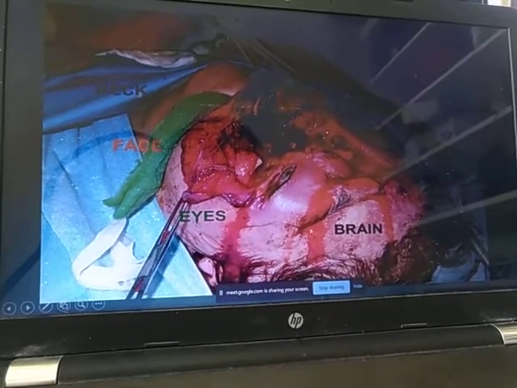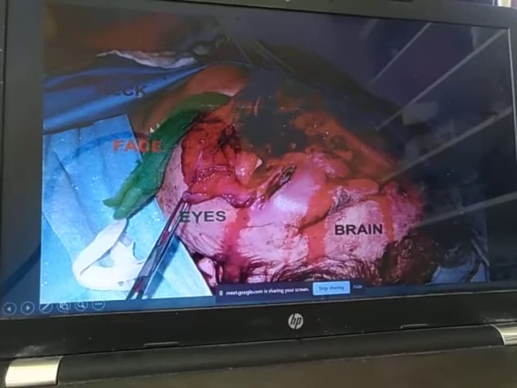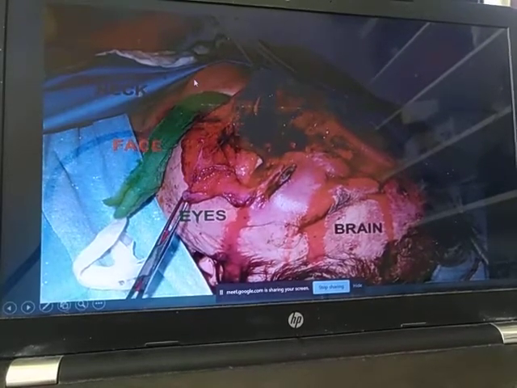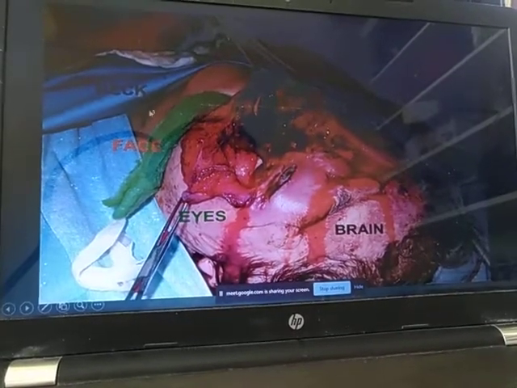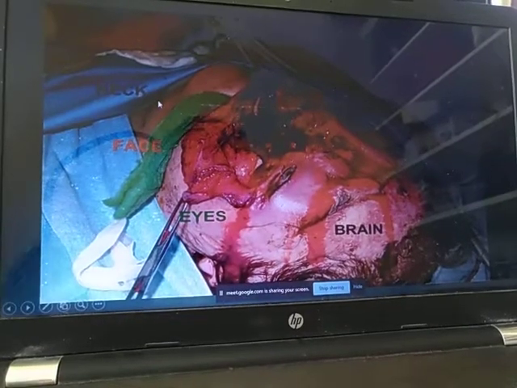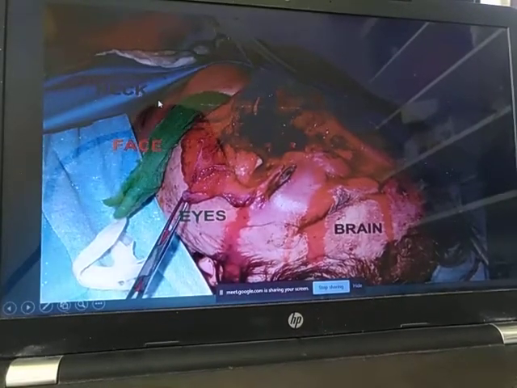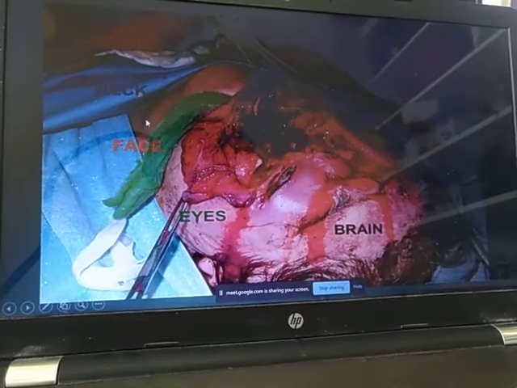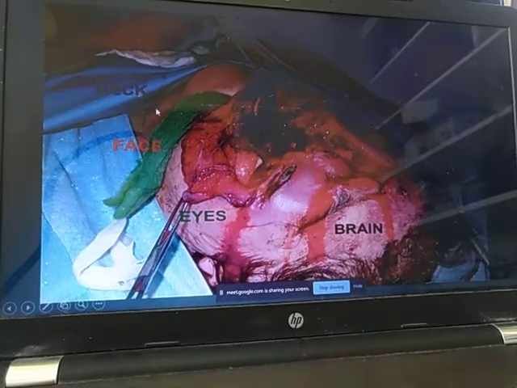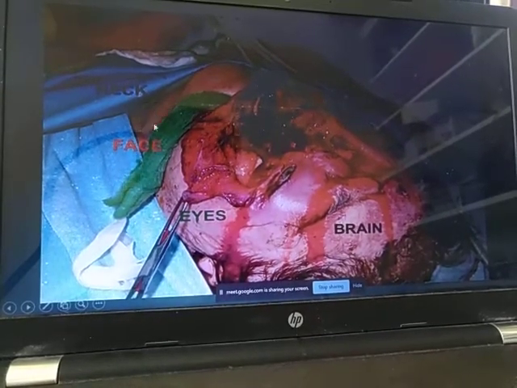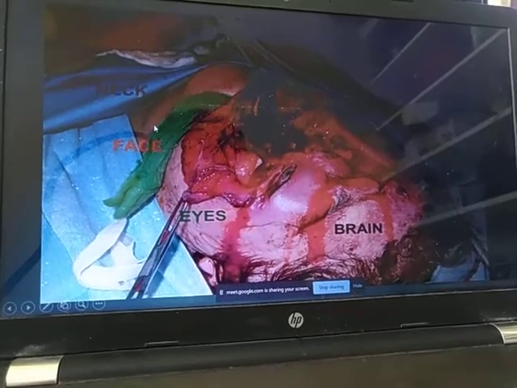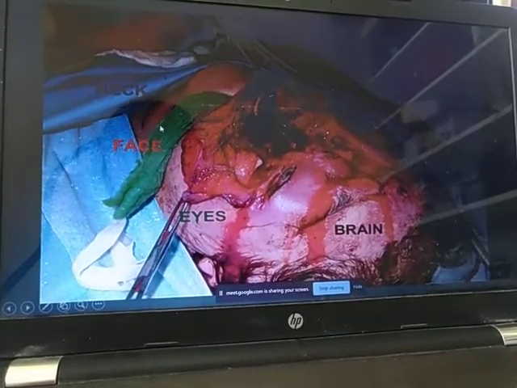So after we assess the brain, we go for the neck, because there are major vessels there like the carotid and the jugular, which might have suffered severing or crushing, which can cause rapid hypovolemic shock due to either internal bleeding, or there might be external bleeding as well.